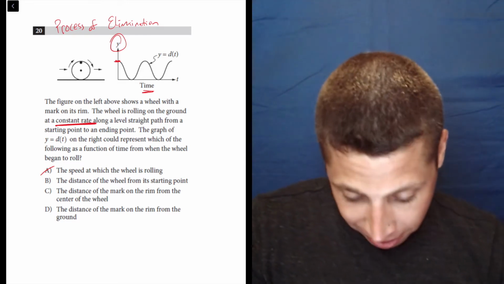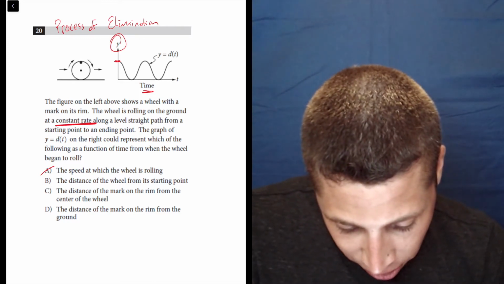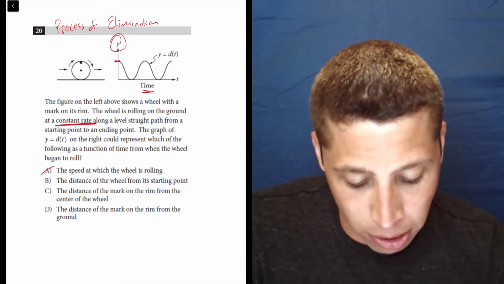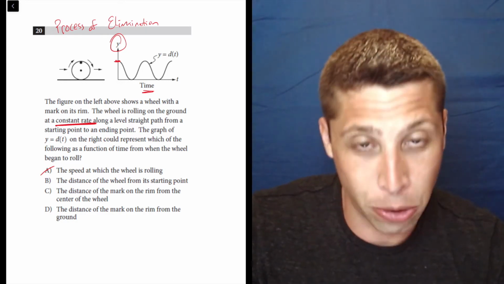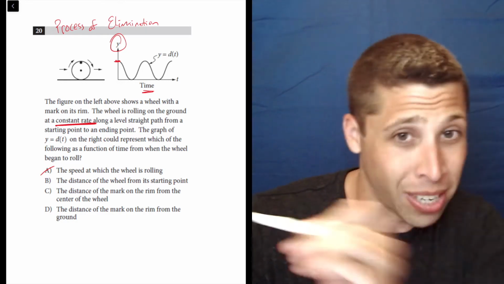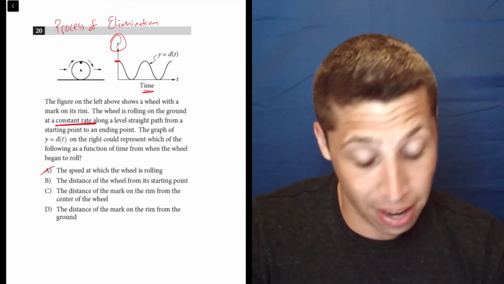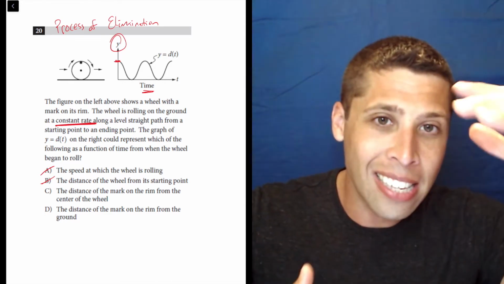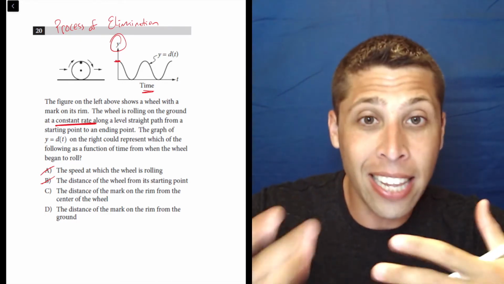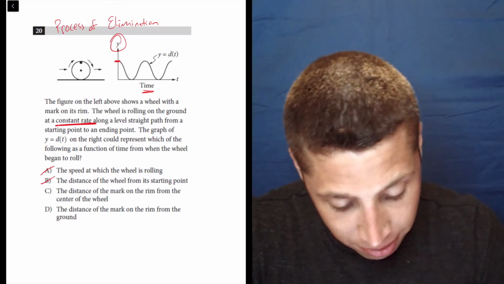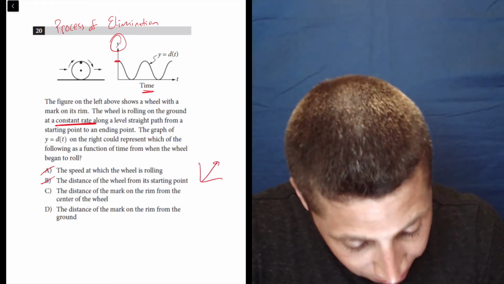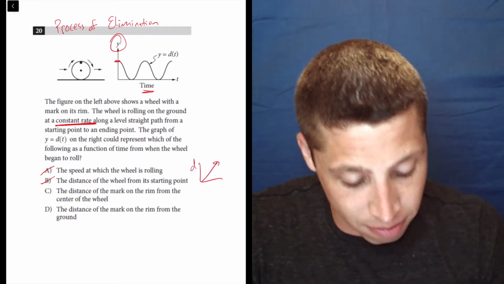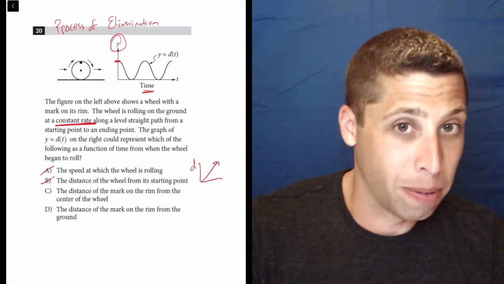It doesn't make any sense because the story just says the wheel is rolling on the ground at a constant rate along a level straight path from a starting point to an ending point. It's moving from one place to another. It's not going back and forth. It doesn't say that. So it doesn't make sense for the distance to be anything other than just linear, right? The distance would be something like this, because you're moving away from the starting point.